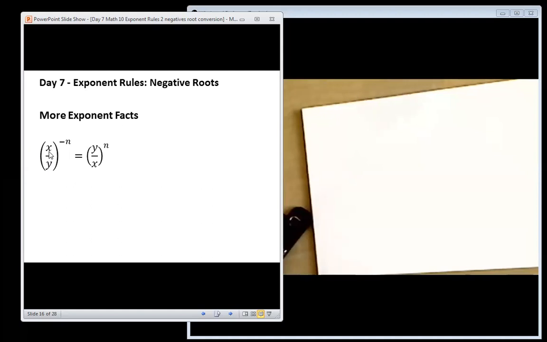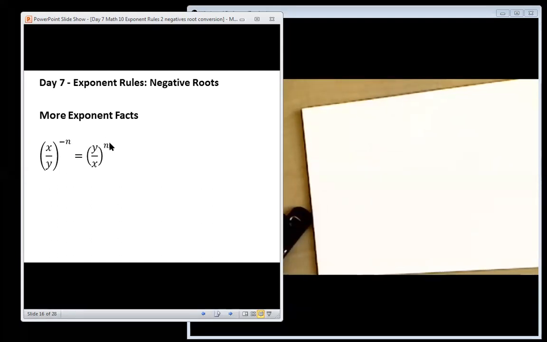X is on the top. To start with, you move it down underneath. It'll get rid of the negative. The Y goes up because it's on the bottom, right? Both those things get rid of the negatives there, leaving this expression here.